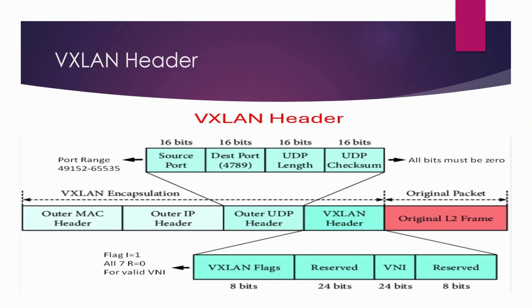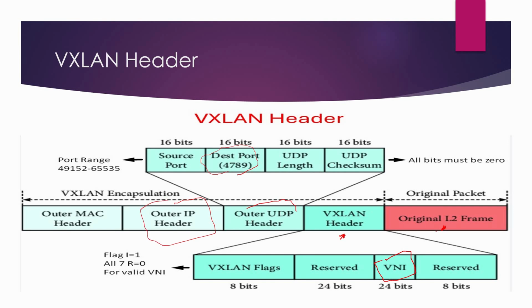If we go right now to the VXLAN header, as I told you, we have the original layer 2 frame. We add the VXLAN header, which includes the VNI, and the outer UDP header. As I told you, we need to add destination port 4789, and we have the outer IP header.